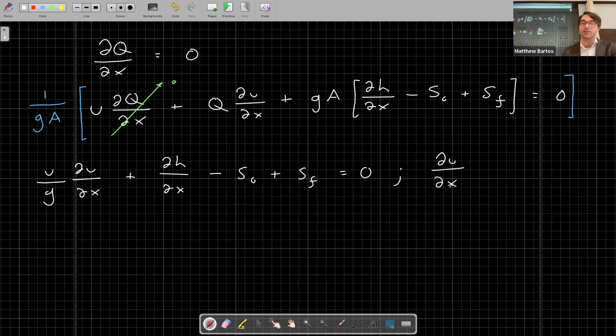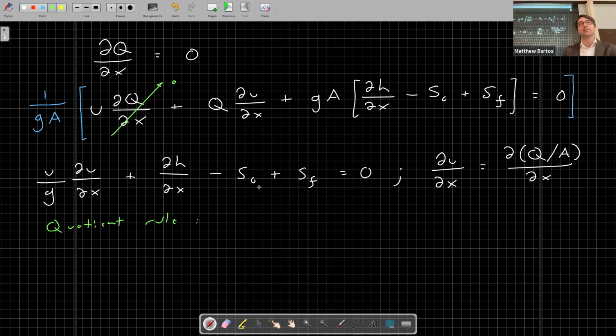So we have that du/dx is equal to d of q divided by A, divided by dx. So we can apply another calculus rule. I'm going to apply the quotient rule.